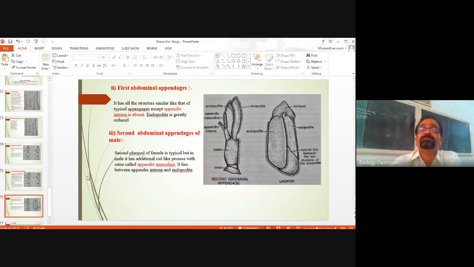आता फर्स्ट ॲबडॉमिनल appendage आणि सेकंड ॲबडॉमिनल appendage.